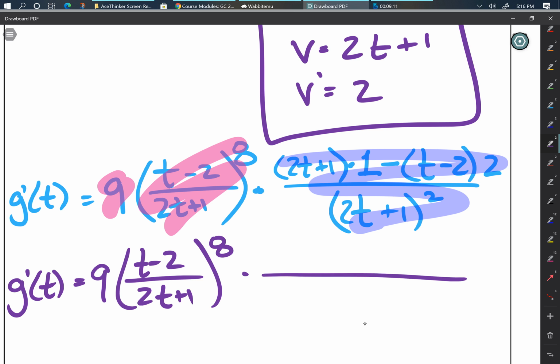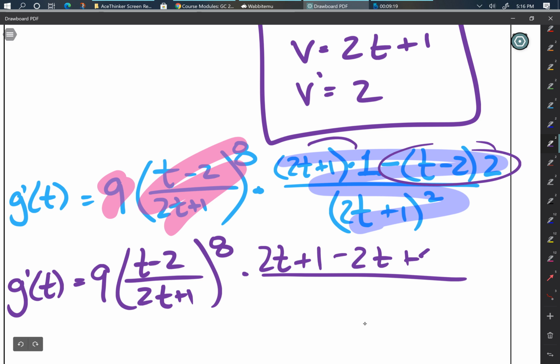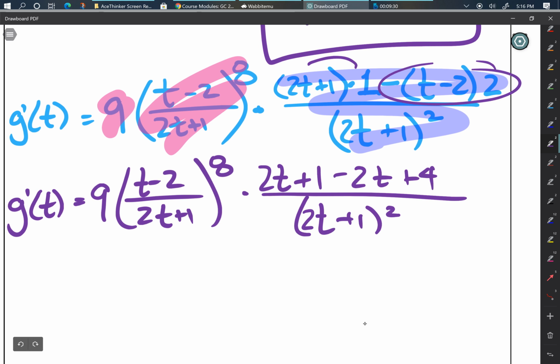Maybe I should write all this out. Distribute here, I'm going to get a 2t plus 1. Distribute here, I'm going to get a negative 2t plus 4 over 2t plus 1 squared. I don't know why I keep writing that denominator weird. Okay. In that numerator, these are going to cancel, 2t and negative 2t. I got a 1 and a 4, that's a 5.